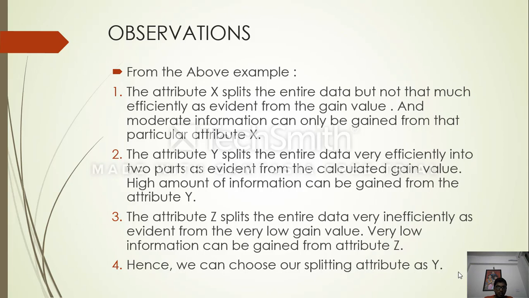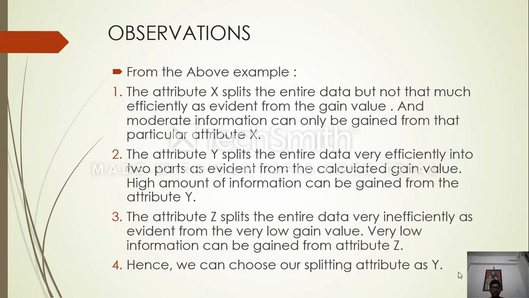So observations: the attribute x splits the entire data, but not that efficiently, as is evident from the gain value, and only moderate information can be gained from attribute x. The attribute y splits the entire data very efficiently into two parts, as is evident from the calculated gain value. The full amount of information can be gained from attribute y.